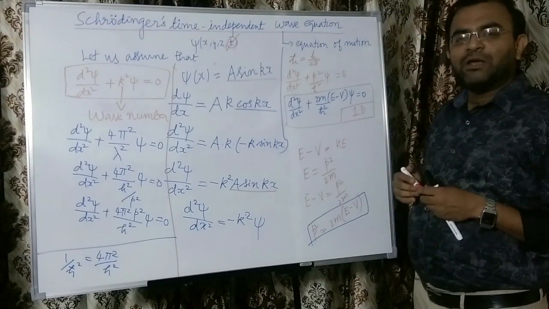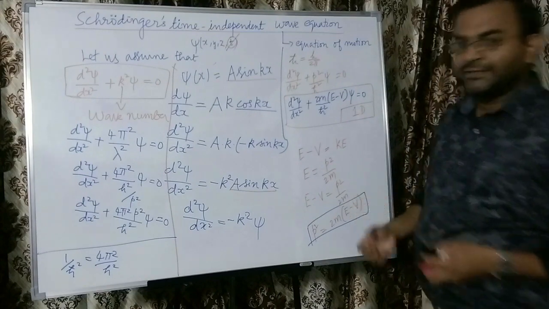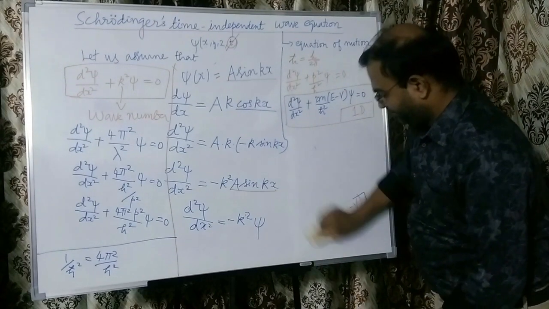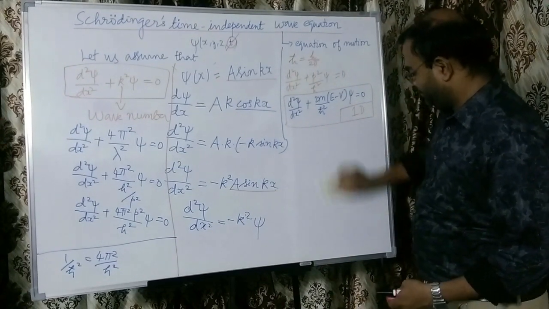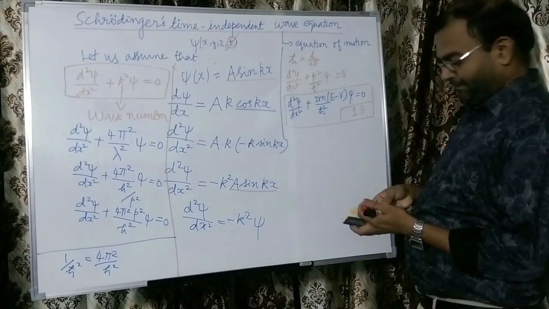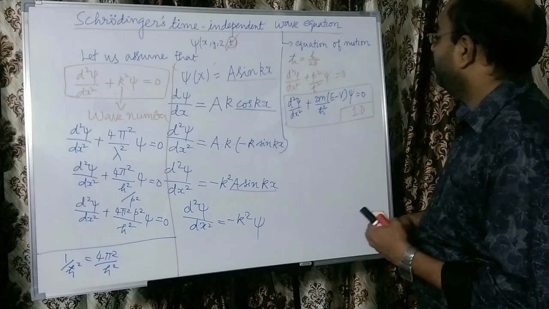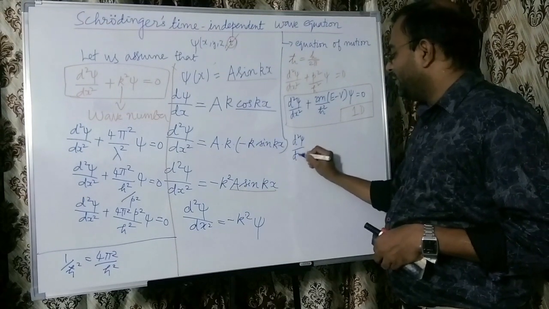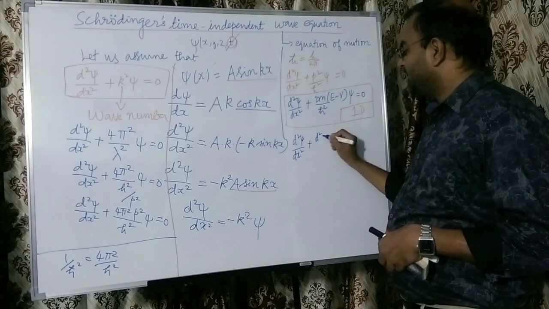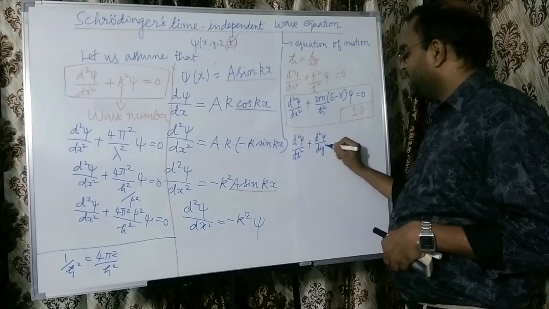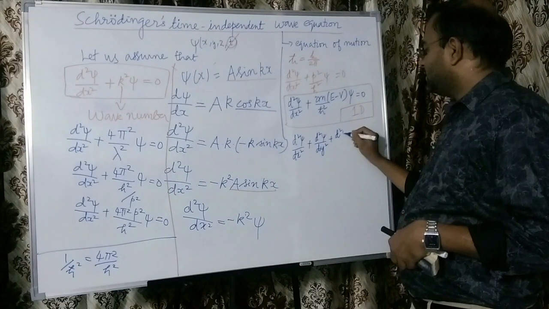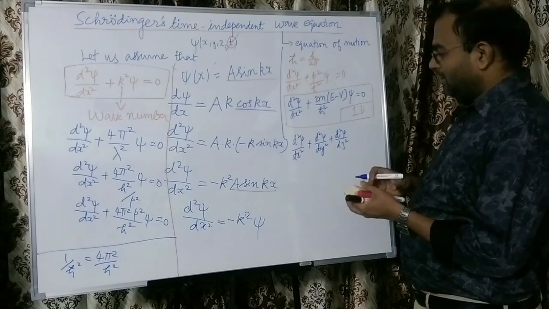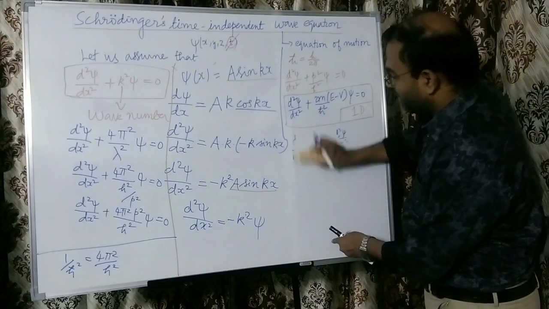Now we can extend the same equation to 3 dimensions and write as d square psi by dx square plus d square psi by dy square plus d square psi by dz square, because now psi is a function of 3 spatial coordinates.